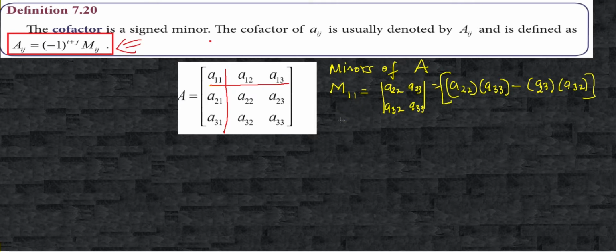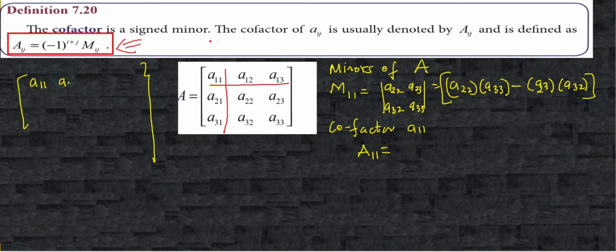Now there is something called the cofactor. If someone were to ask you the cofactor of A11, the representation is capital A with the suffix 11. The simple way to remember the cofactors of all the elements is to use the following technique. Write down all the elements of the given matrix: A11, A12, A13, A21, A22, A23, A31, A32, and A33.